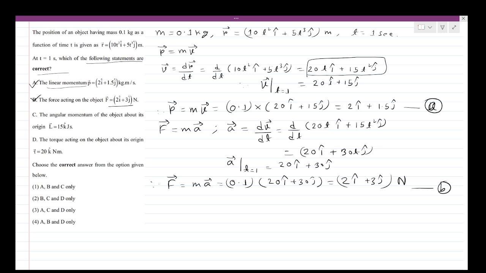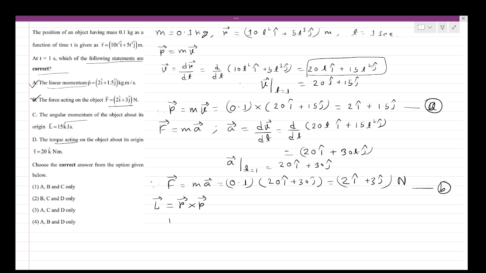Let's check options C and D here. The angular momentum and the torque are given. As you know, the angular momentum can be written as capital L vector equals r vector cross p vector. That means we need to do the cross product here.